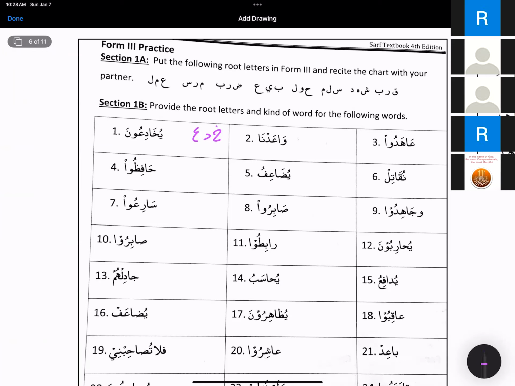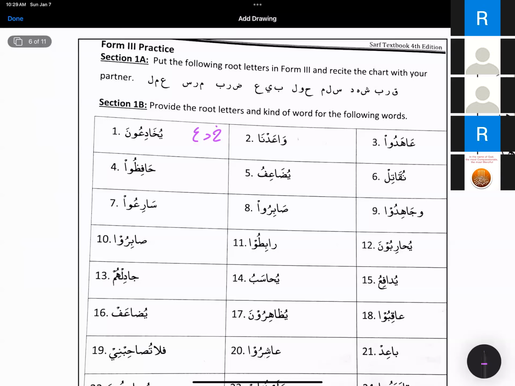And then what is the siga here? That is mudare. Say the whole thing. Fe'l mudare marfu', bithubuti nun, fa'iluhu hum. Very good, mashallah. Beautiful. Okay, so yukhadi'una, what would be the translation?